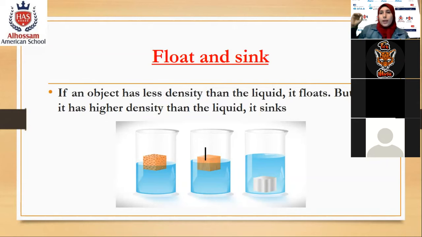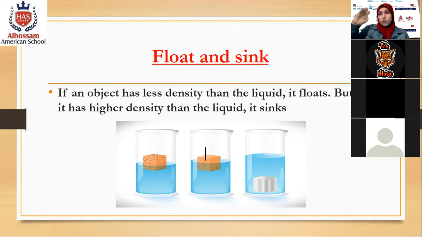You remember when we explained the sea breeze and the land breeze, and we said that the hot air and the cold air, which one goes up and which one goes down? Same concept. These two have low density. The density of the cork and the wood is less than the density of water. So the water has high density and the wood and the cork have low density.